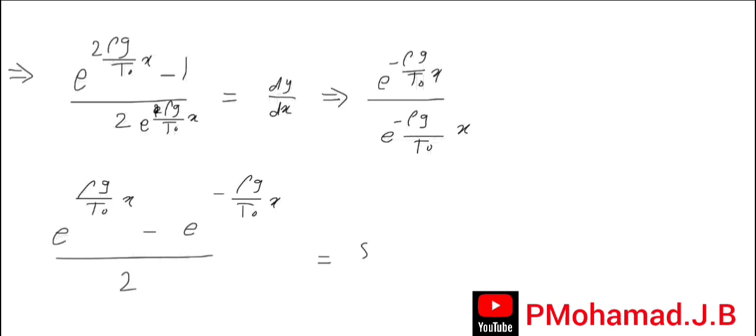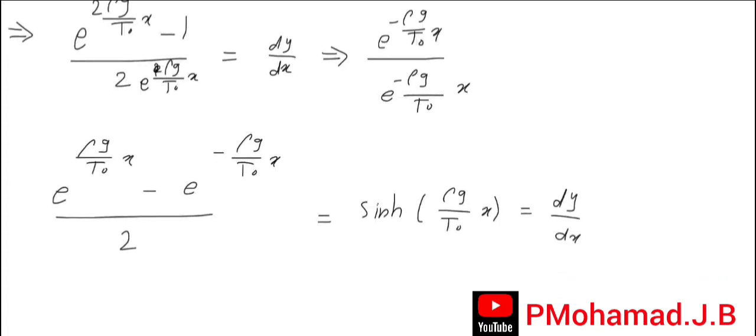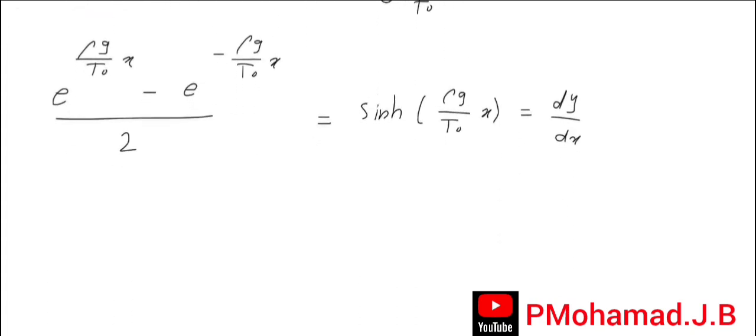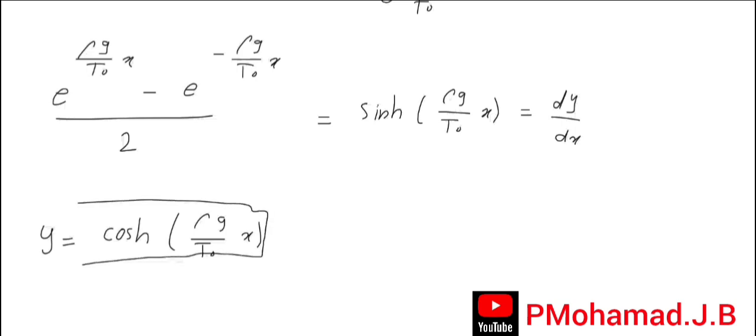And this is sine hyperbolic of this thing, rho g divided by t0 x, and this is dy divided by dx. And we're going to finish another simple integral. So y is the integral of sine hyperbolic, which is cosine hyperbolic of rho g divided by t0 x. This is the answer, of course, plus some constants, but it's not important.